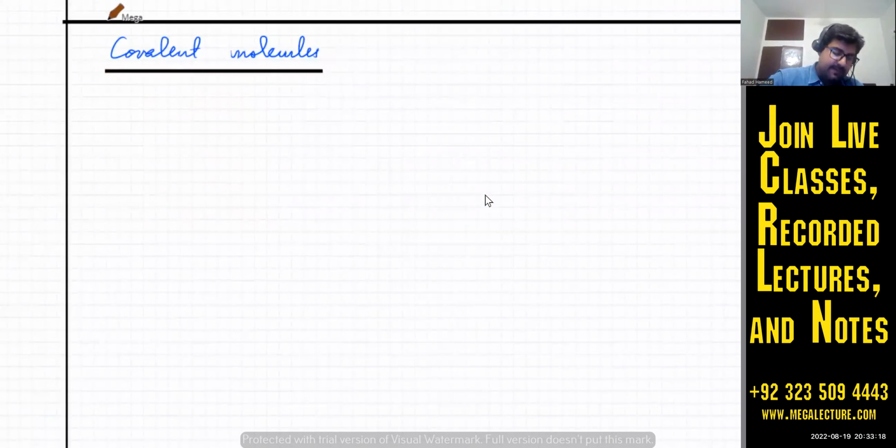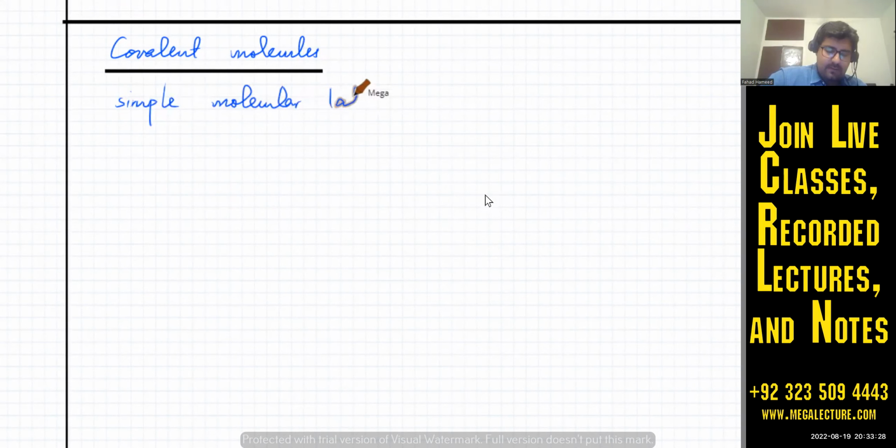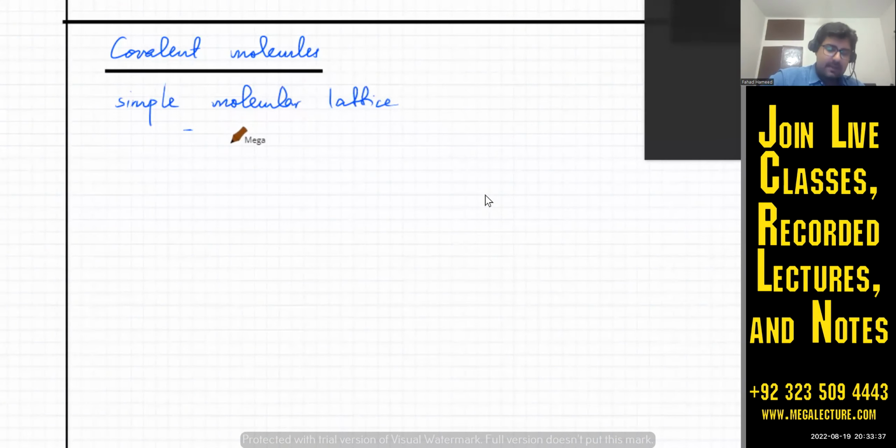The basic structure for a covalent molecule, with general properties, is a simple molecular lattice. What that means is that you've got a bunch of molecules with weak intermolecular forces.